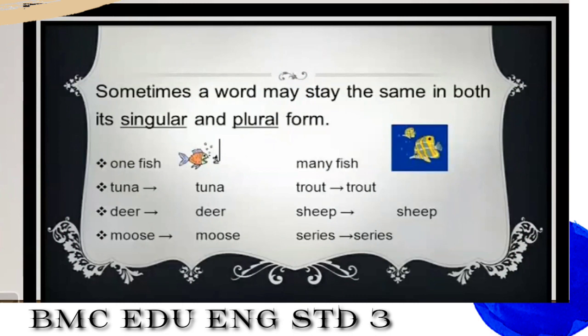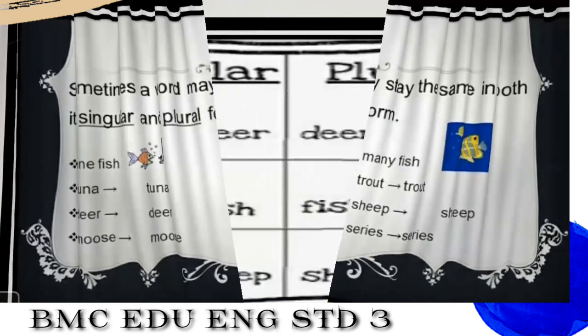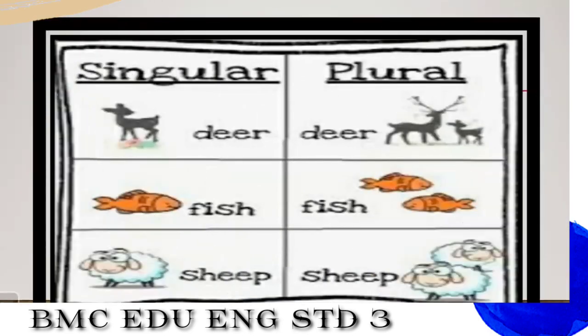Trout, trout. Sheep, sheep. Series, series. It means there is no difference in the plural form. See, in singular there is deer, plural also there is deer. So there is no change in the spelling. Fish, fish. Sheep, sheep.